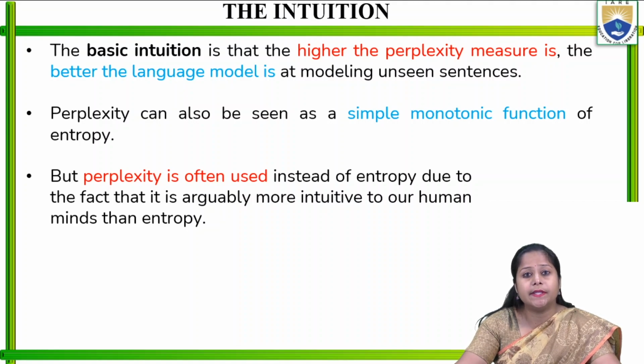Perplexity can also be seen as a monotonic function of entropy. Entropy is another type of measure of the performance of a language model. But perplexity is often used instead of entropy because it is arguably more intuitive to our human minds than entropy.